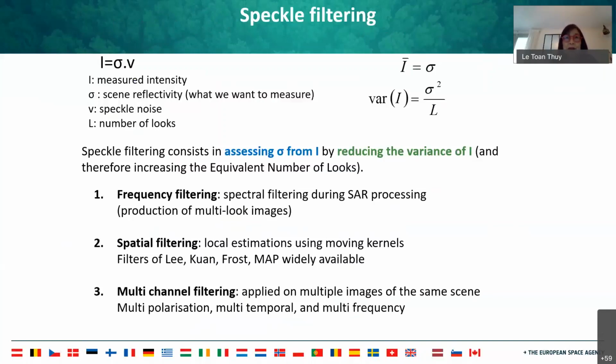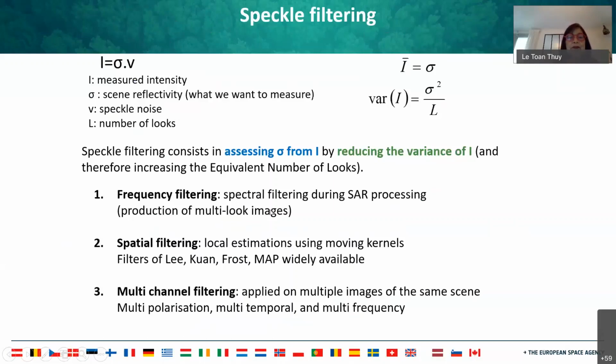Then you can cut the frequency band into 3 parts, 4 parts, to do spectral filtering during the SAR processing. With the N band, it's okay, C band also, but with the P band, it's just 6 megahertz, you cannot do it.